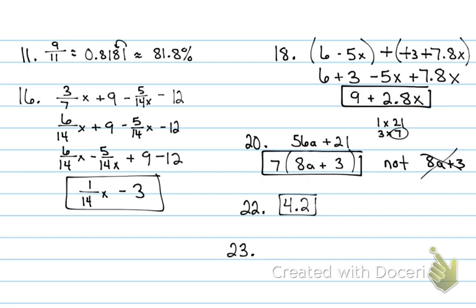Number 23, we're looking at the area one, right? Okay, guys, everyone together. What's the formula for area? If I put that as a question on your midterm, you're going to get it, right?